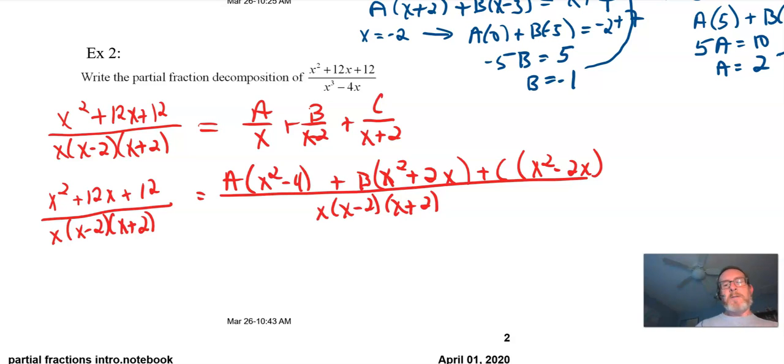Okay, hopefully you got something like that. We're going to solve for a, b, and c using the 3 numbers that would make the denominator 0, that being x equals 0, x equals 2, and x equals -2. I'm going to pause, see if you guys can find the values of a, b, and c.